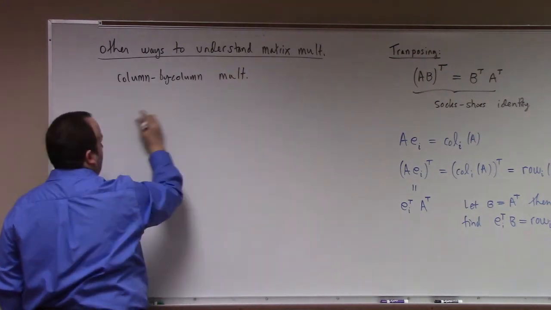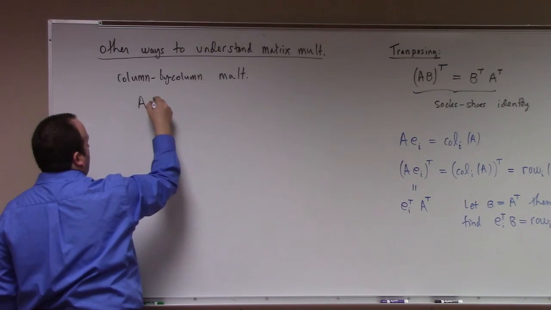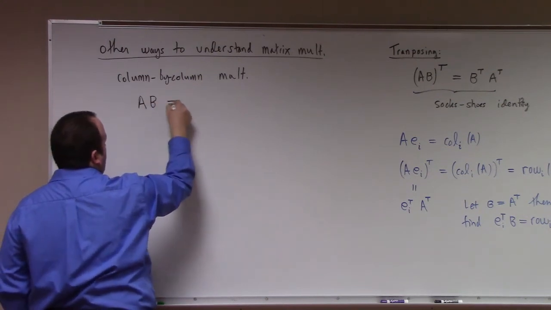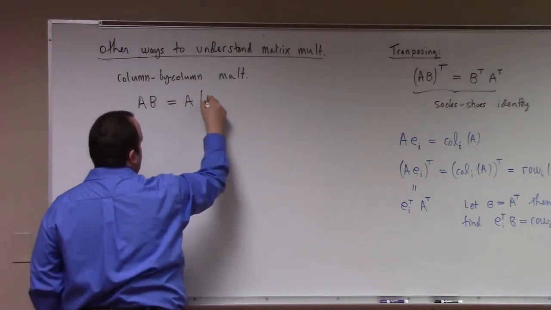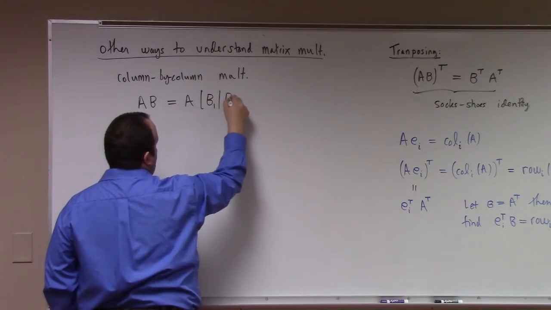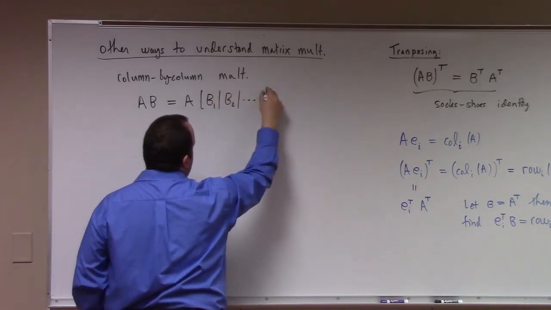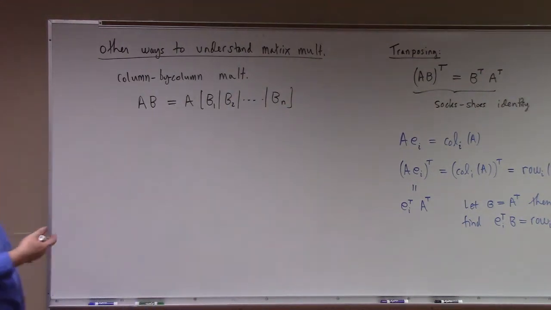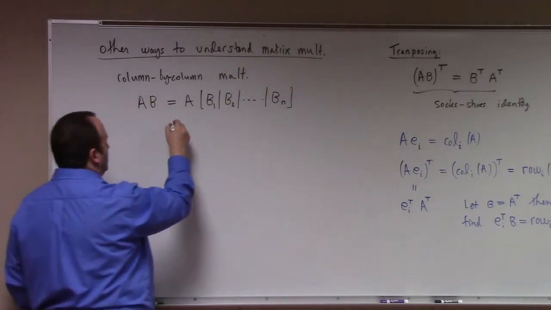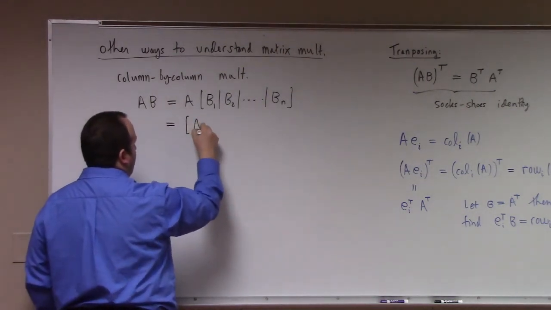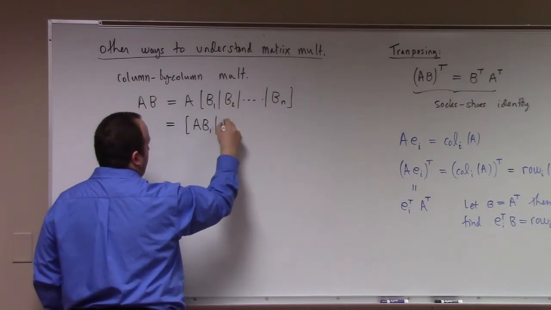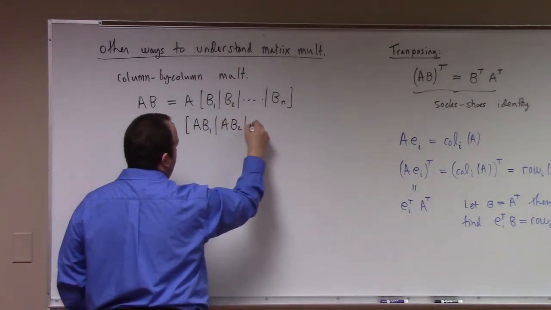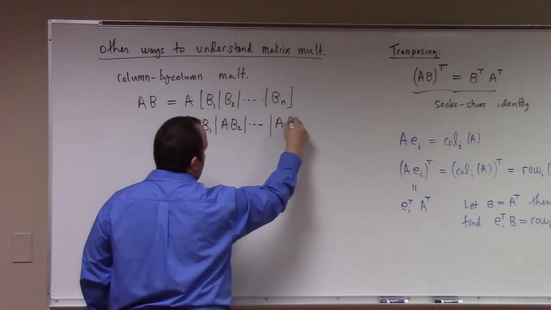And here's how it goes. If I have A times B, and I look at that as A times column 1 of B, column 2 of B, column n of B, suppose B has n columns, then you can actually do this multiplication column by column in the following sense. You can say that that's actually A times B1, A times B2, A times Bn.